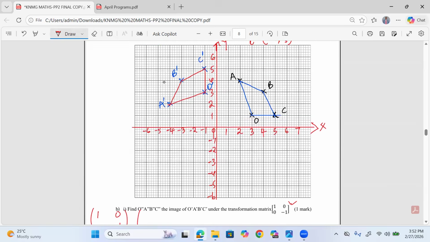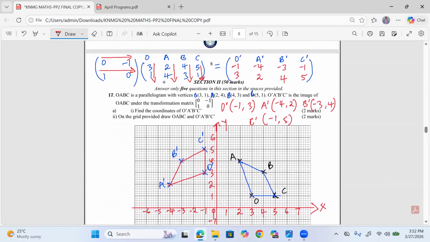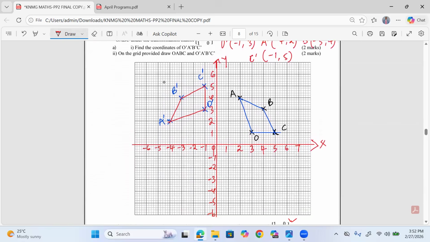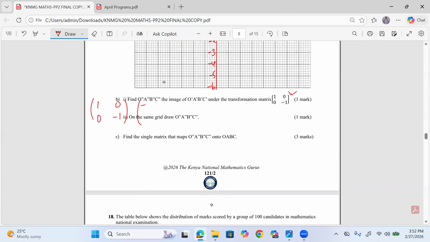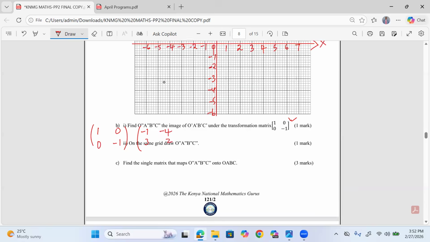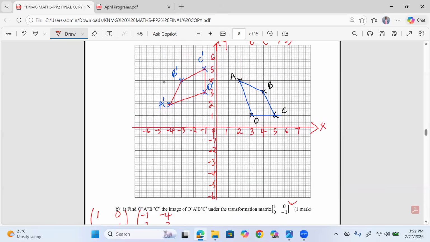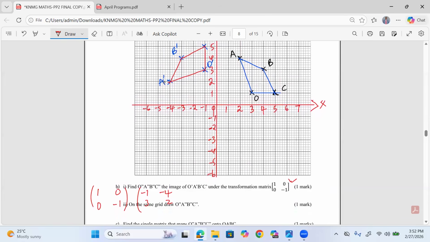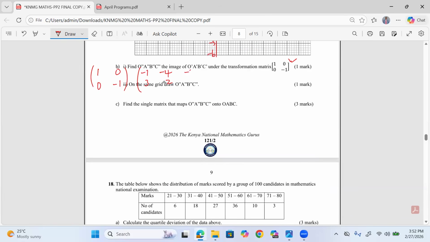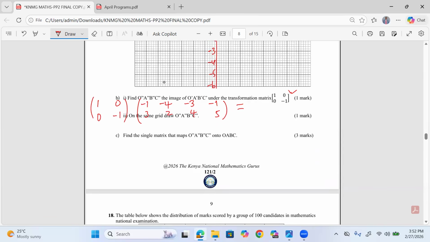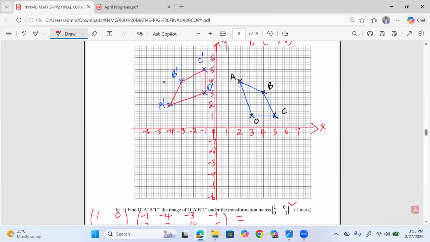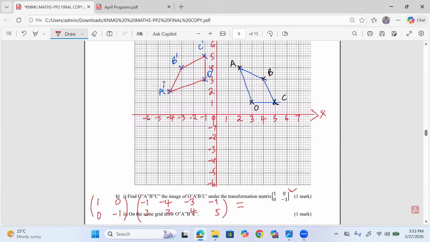The first image that we already got: -1, 3, -4, 2. Is it so? Yeah, then -3, 4, then -1, 5. Can confirm that. -1, 5. Yeah, -3, 4.